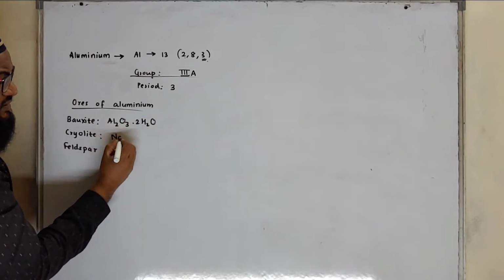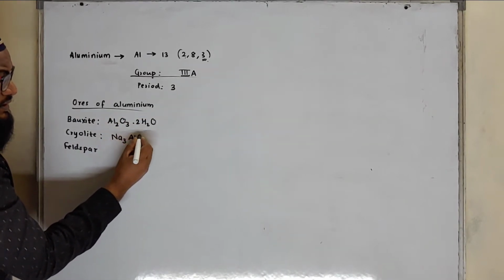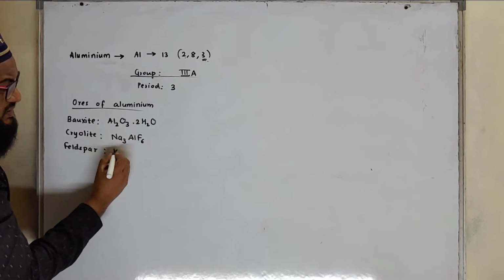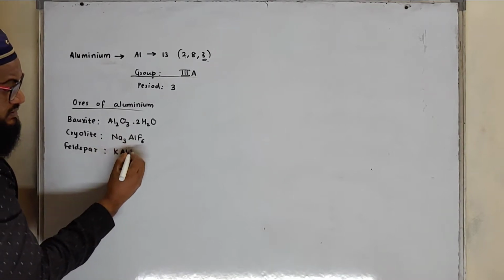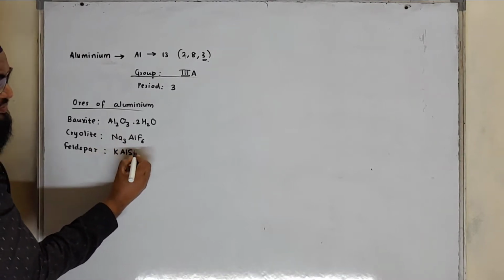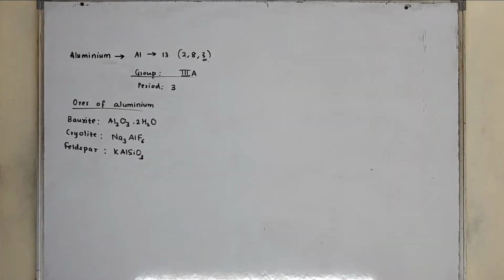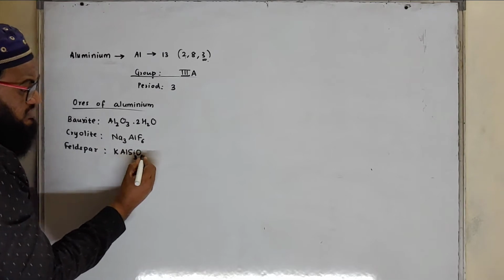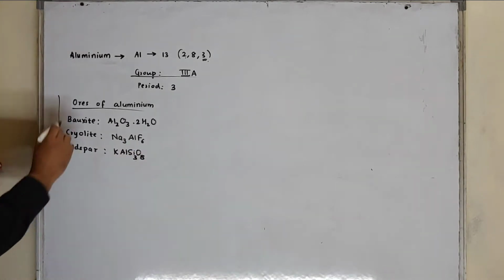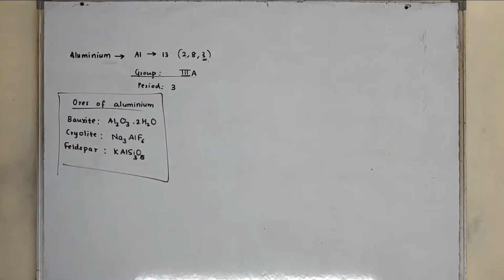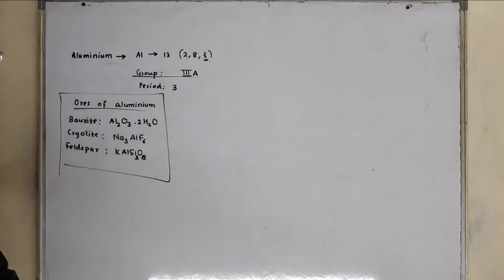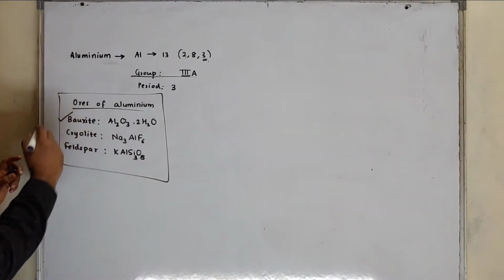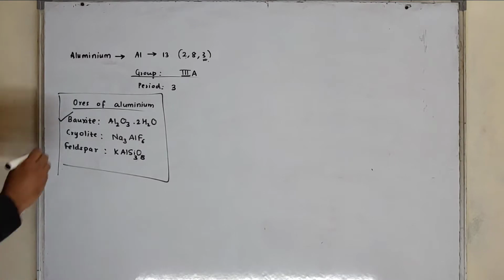Cryolite is Na3AlF6 and feldspar is potassium aluminium silicate. So these are the ores of aluminium. But the main ore of aluminium is bauxite.